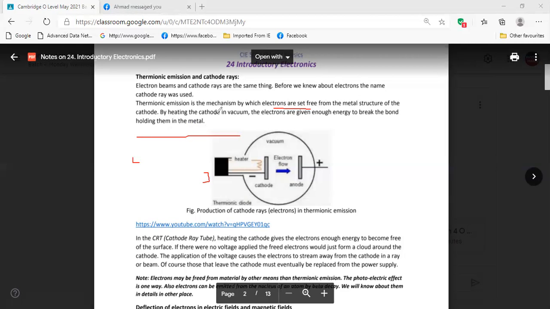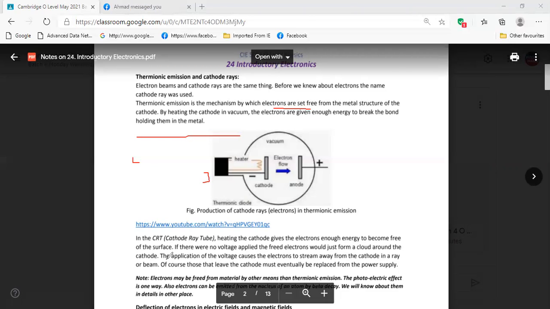By heating the cathode in vacuum, the electrons are given enough energy to break the bond holding them in the metal. So normally they have the bonding, and now we are having enough energy to break the bonding, and electrons are now set free from the metal structure. Is it clear now?